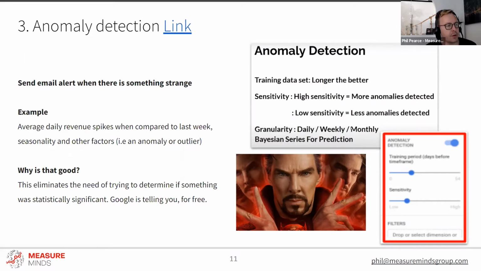The aim here is to rule out things like seasonality or email campaigns that cause spikes, and more intelligently detect anomalies. So this is Google trying to allow machine learning to be used for insight and analysis. One suggestion we've added is creating an anomaly alert for something like a spike in daily revenue.